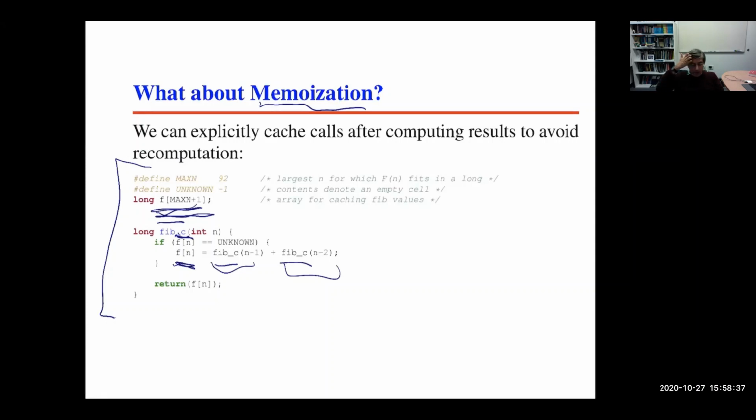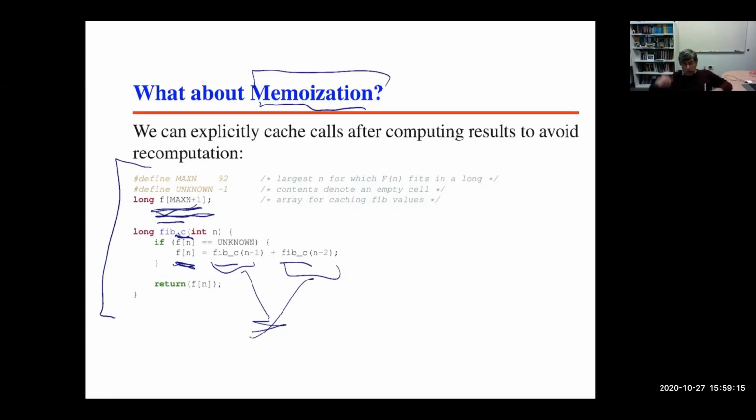And then no other recursive call is ever going to call fib of n again. We're going to store the results here to truncate the recursion. We are still having a recursive algorithm, but we are storing things and looking them up in a table before we recompute them. Does everybody kind of get that idea?